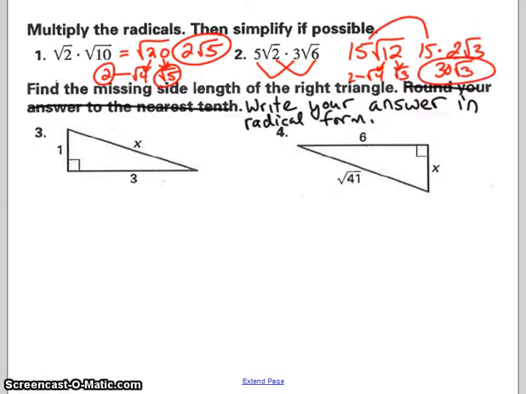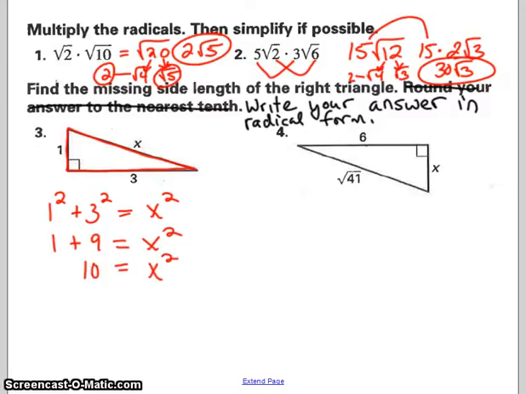Next one, find the missing side length of the right triangle. Write your answer in radical form. If we want to find the missing side length, then we have two sides of a right triangle, so always think of the Pythagorean theorem. We have our legs here, and then we have our hypotenuse. So it's going to be 1 squared plus 3 squared equals x squared. 1 plus 9 equals x squared.